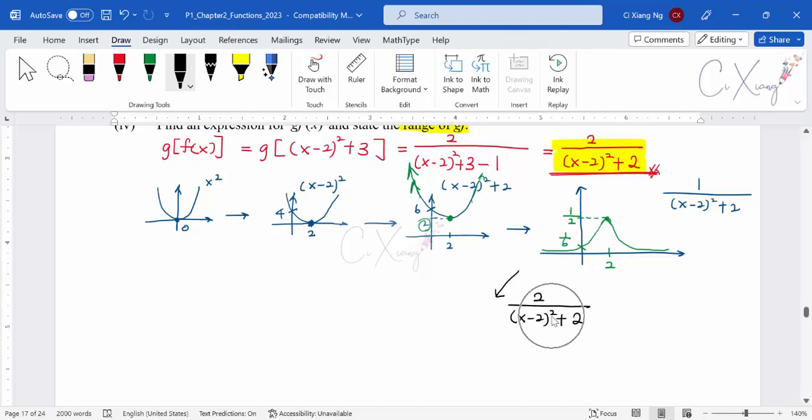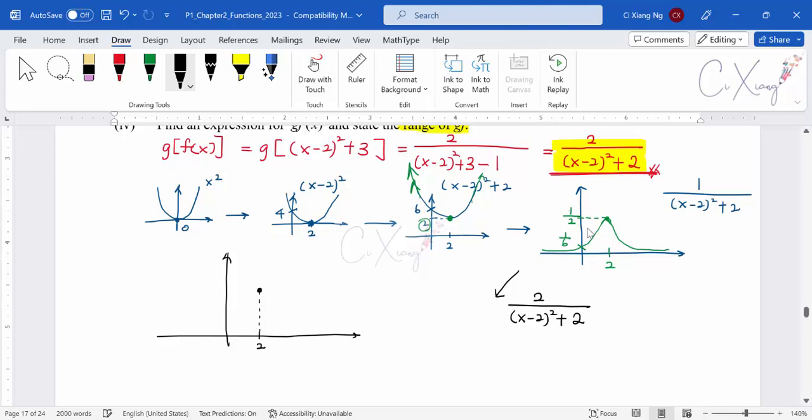When I multiply a 2 to the function, outside the basic function, we are having a stretch in the y direction. A stretch in the y direction will affect the y values of my curve. So again, I refer to this curve now. I label the same thing for all the x values. That means I'm still having a maximum point at x equals 2.